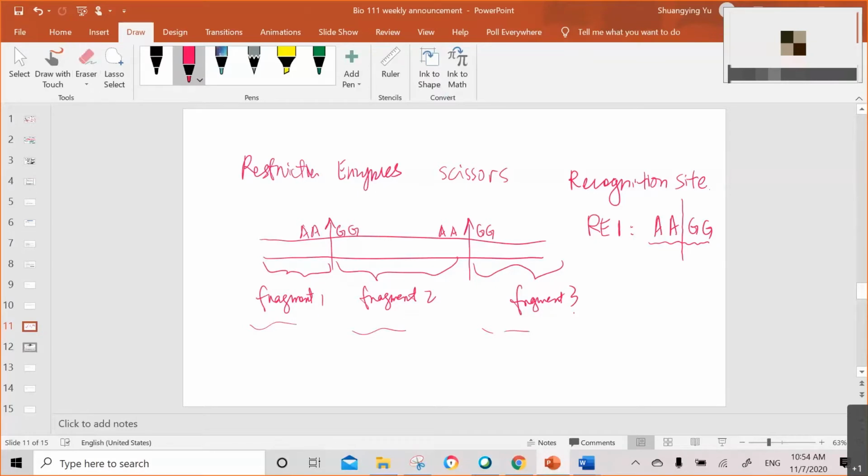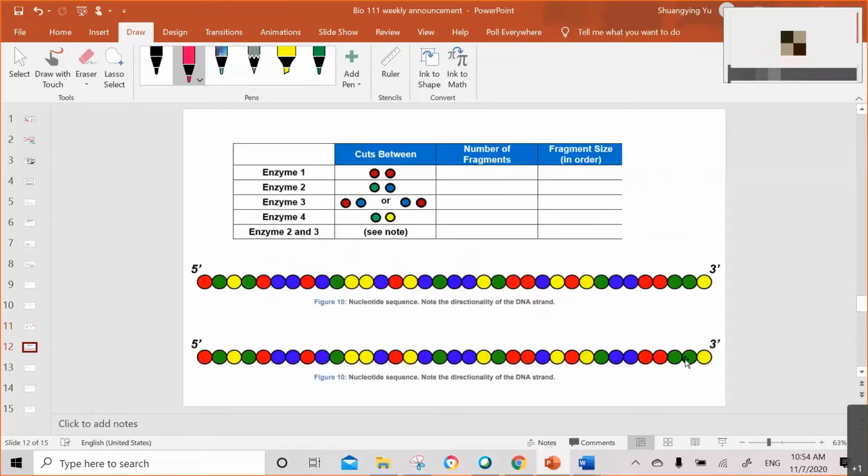All right, now, so how do we solve this problem? So I give you some hint right here. For enzyme 1, the different colors represent the different nucleotides. Right? So enzyme 1 is going to recognize when you have 2 red nucleotides together. Okay. All right.